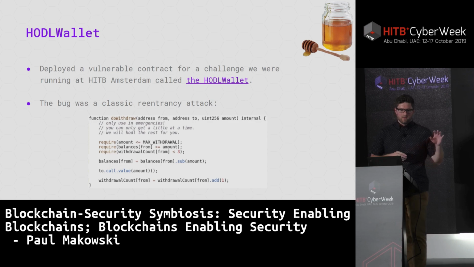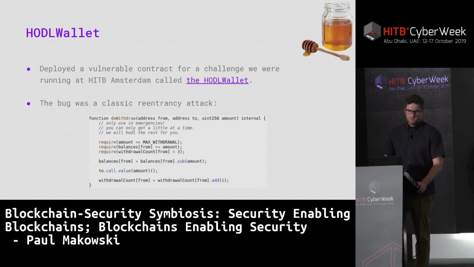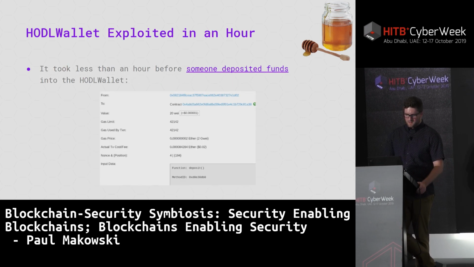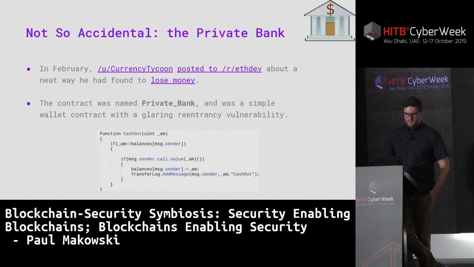So nobody was ever actually able to call this function and withdraw anything other than what they sent into the contract. So it was kind of zero sum for everybody else aside from my coworker, who could always withdraw the full amount. This was deployed on the Ethereum mainnet, and somebody tried to hack it within an hour. So there's people out there scanning and trying to do this autonomously.